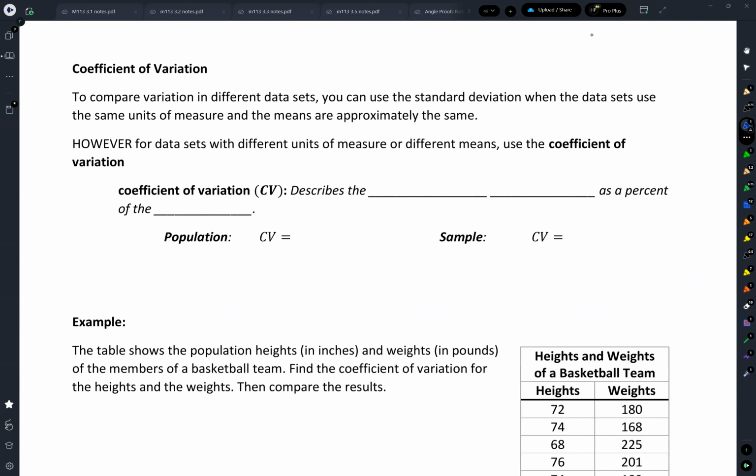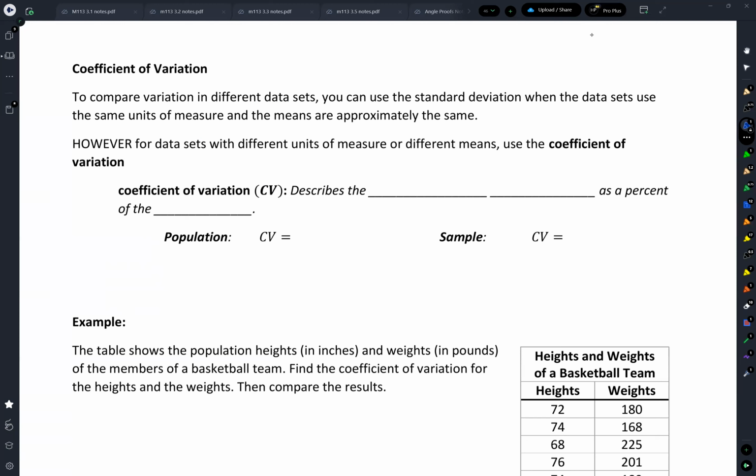Lastly, we have what we call the coefficient of variation. What is the coefficient of variation? To compare variation in different data sets, you can use the standard deviation when the data sets use the same units of measure and the means are approximately the same.